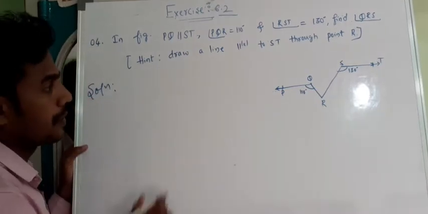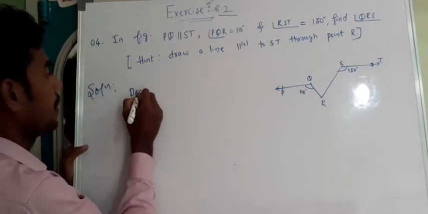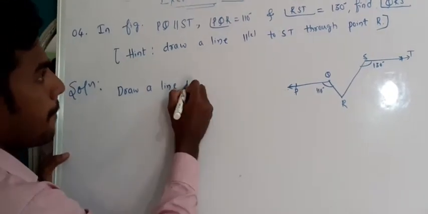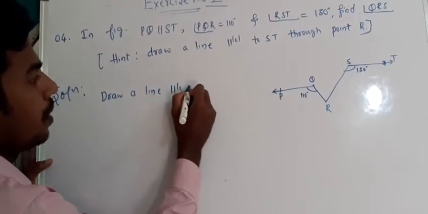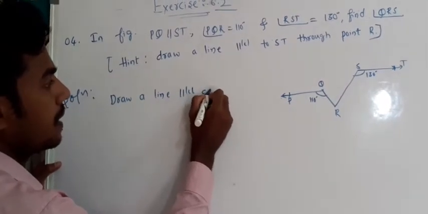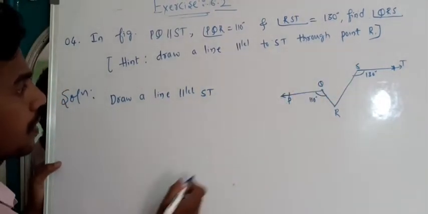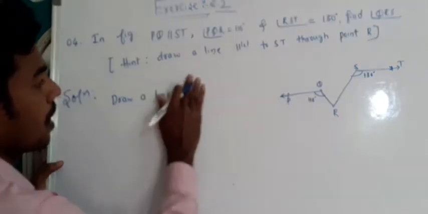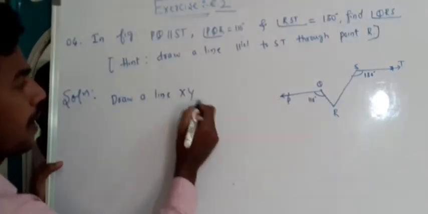Okay. So draw a line parallel to ST through point R. Which line do you want to draw? Name it XY.